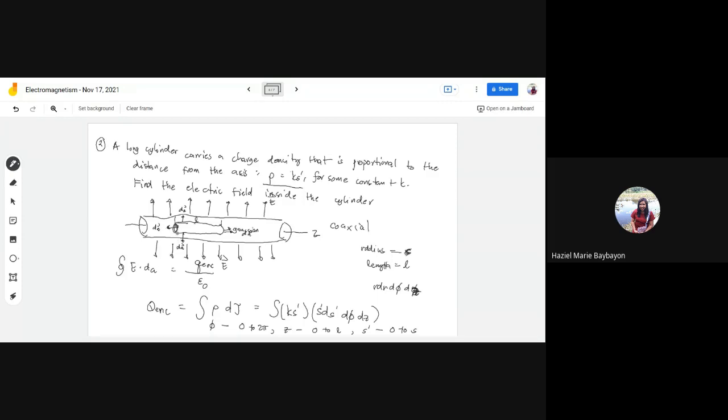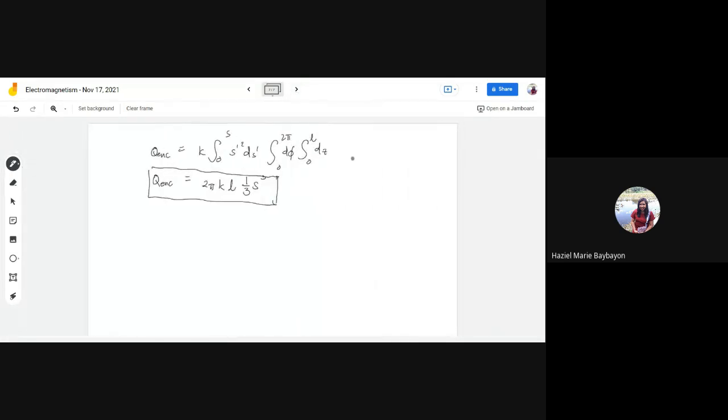So we only consider the body of your cylinder. For that, we have the integral over the body.